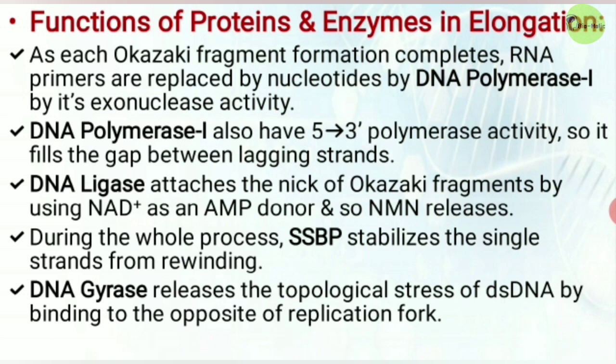And because it is a DNA strand, not an RNA strand, uracil is not allowed here. So those are cleaved off by DNA polymerase 1. And secondly, DNA polymerase 1 also has 5' to 3' polymerase activity, so it can fill the gaps between lagging strands.